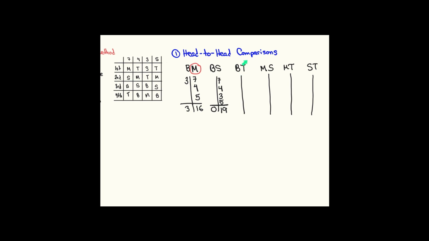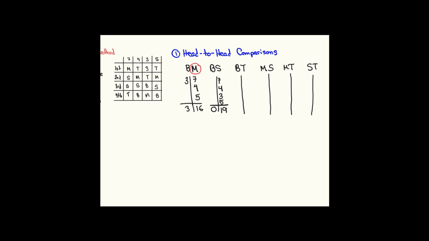Now look at the third pair, B against T. B ranked higher than T in the first column, but then T is above B in each of the other 3 columns.